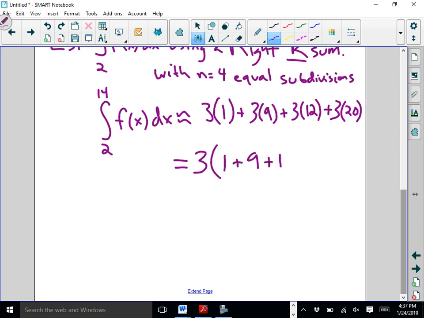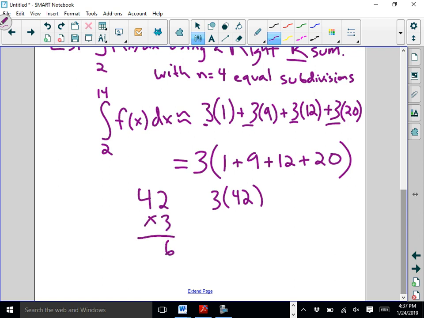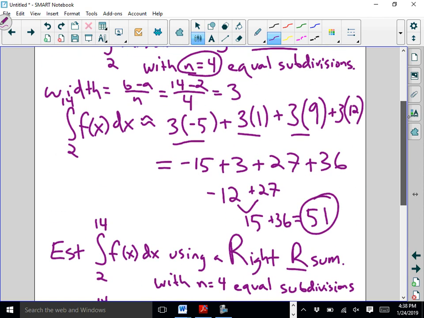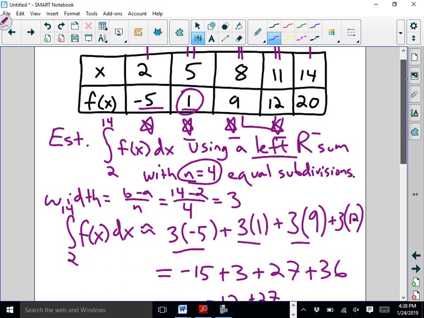I just factored out a 3 because there's a 3 in every single term, because the subdivisions were all equal. 1 plus 9 is 10, 10 plus 20 is 30, 30 plus 12 is 42, so this is just going to be 3 times 42. I don't know what that is off the top of my head. I get an answer of 126. Okay? There we go. There we have it.